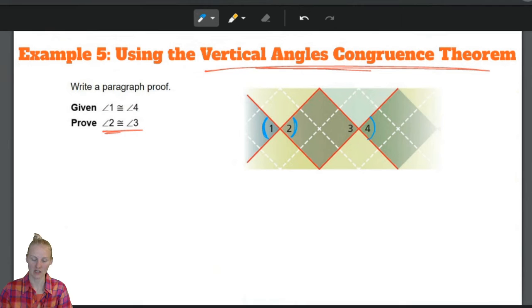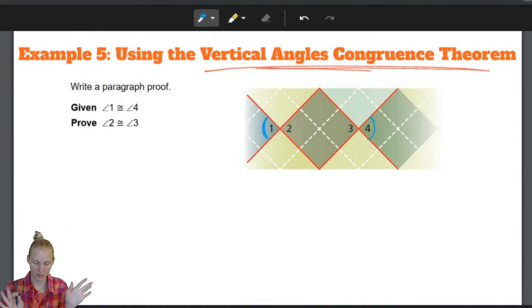They're formed by intersecting lines, so 1 and 2 are the same. And then 4 and 3 are also vertical angles, and vertical angles are congruent, so that means 3 is congruent to 4. So you can see from this diagram, the tick marks show you that angle 2 is congruent to angle 3. So yeah, I believe it. I believe angle 2 is congruent to angle 3.